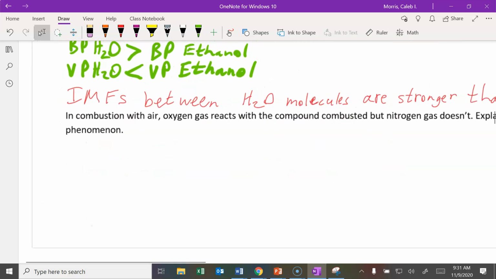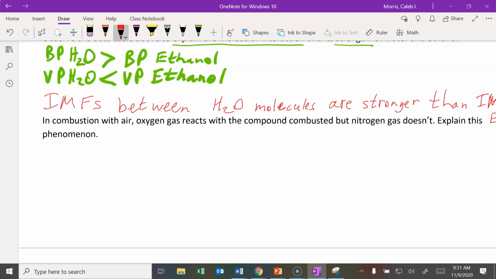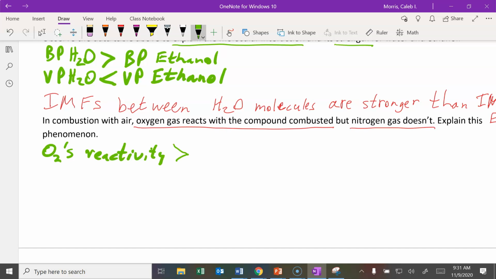In combustion, so now we're talking about a chemical change, oxygen gas reacts with the compound combusted, but nitrogen gas doesn't. Explain this phenomenon. So what that tells us is that oxygen's reactivity is greater than nitrogen's reactivity.